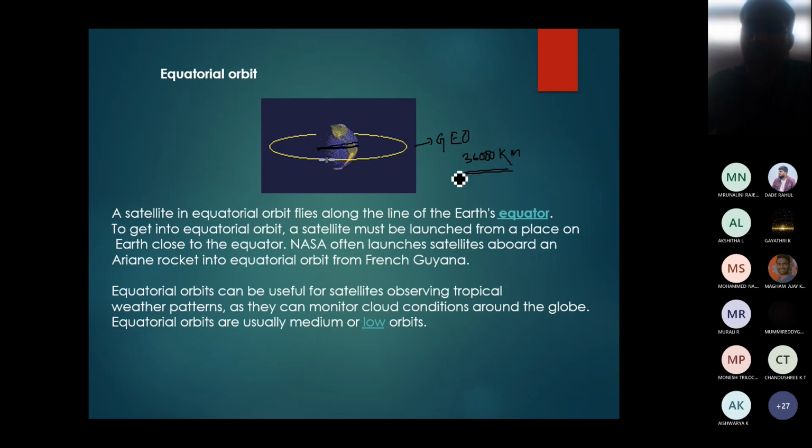Only when the orbital height is 36,000 can we call that a GEO orbit or geostationary Earth orbit satellite. But if the orbit height is less, for example 1000, then we can call this a low Earth orbit, LEO orbit.